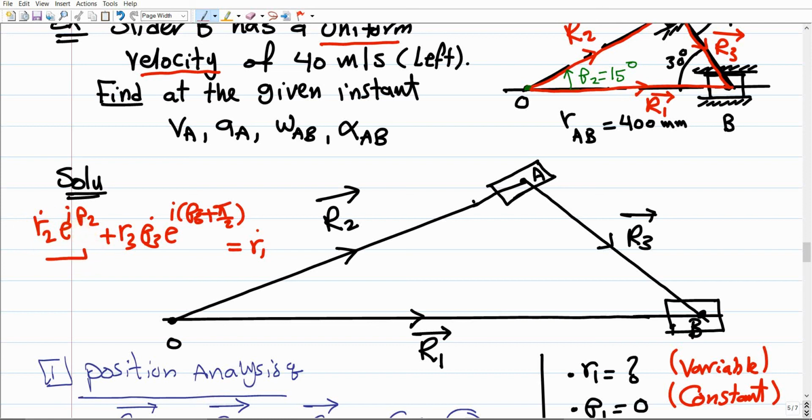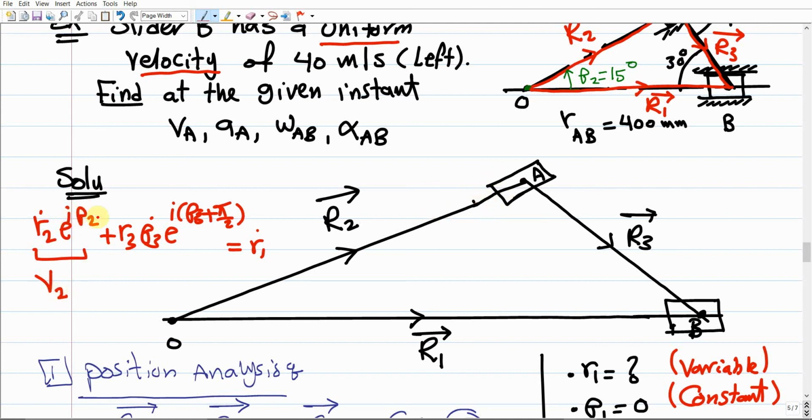This term, R2 dot, should be V2. This should be a sliding velocity, a linear velocity along R2, which since we have a slider, means that this should be the sliding velocity of the slider A. So what is the direction of V2?